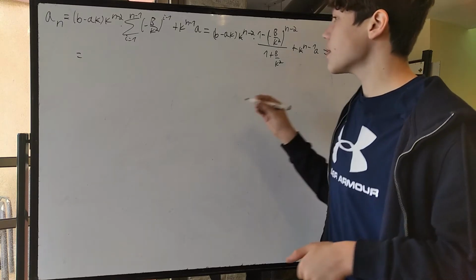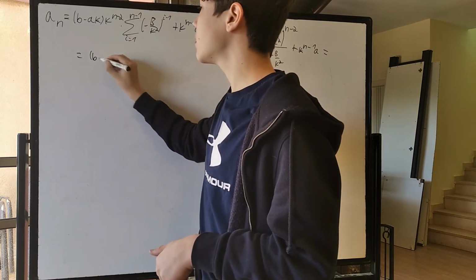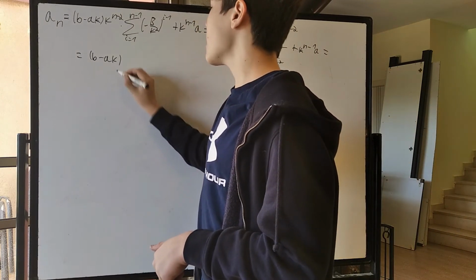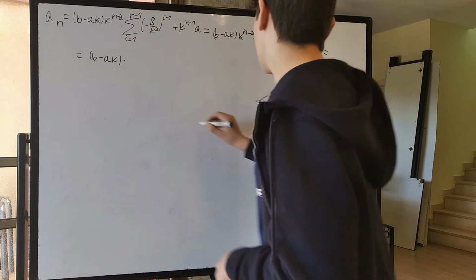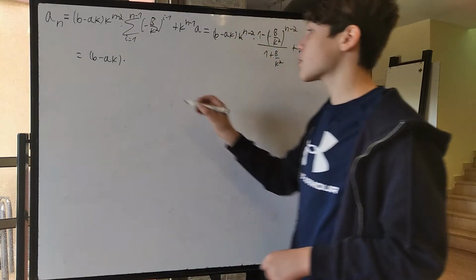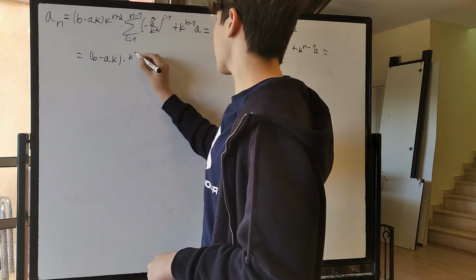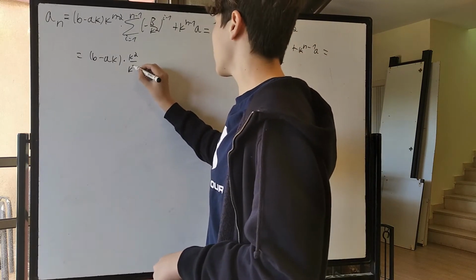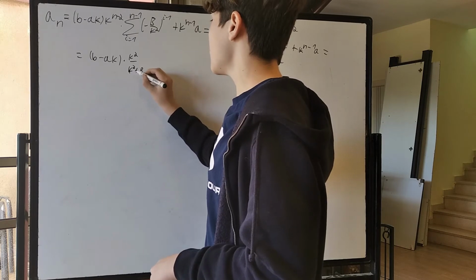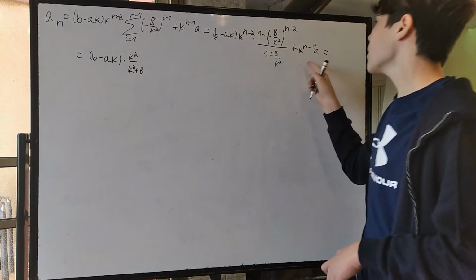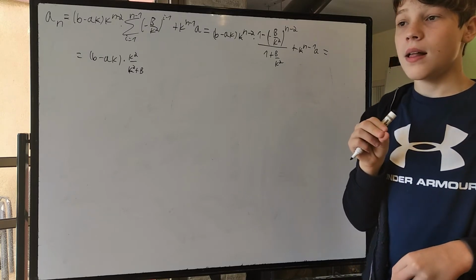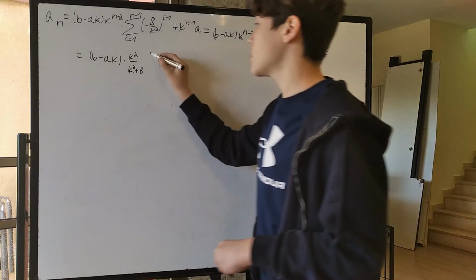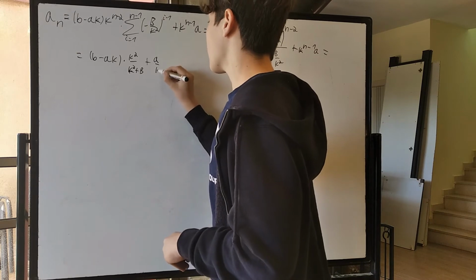So we can separate this to get b minus ak times 1 over 1 plus b over k squared, so k squared over k squared plus b. And then here, k to the n minus 1 times a is like k to the n times a over k. So this is plus a over k.